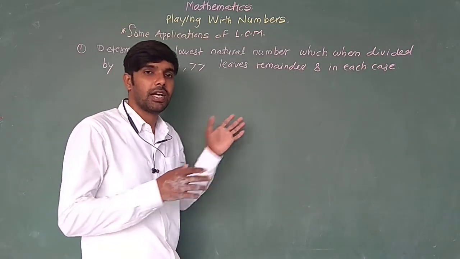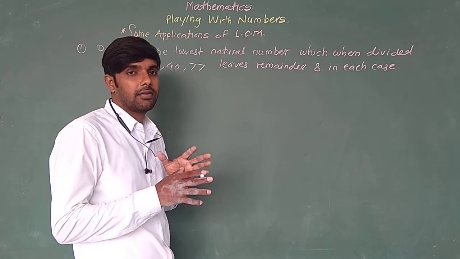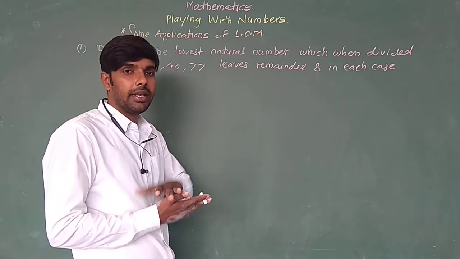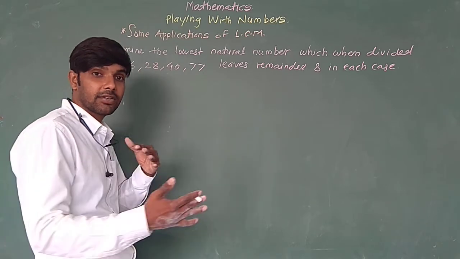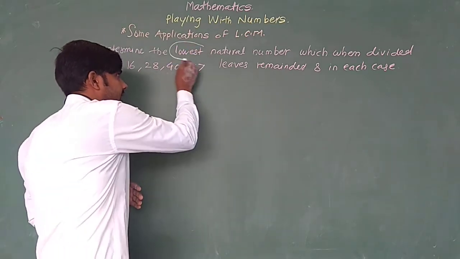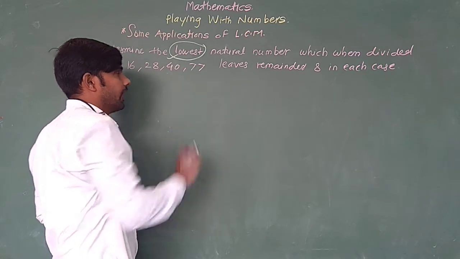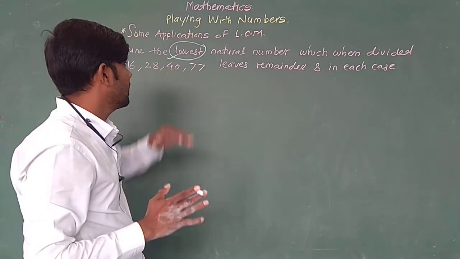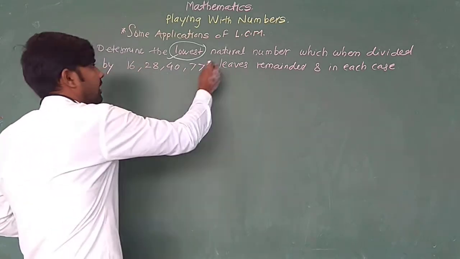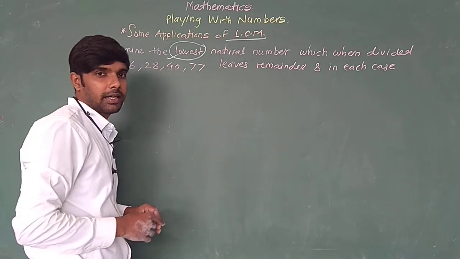The same question we have learned in case of HCF. Determine the highest common, and here lowest. That means when you find the lowest or the least, or whatever is similar to the lowest, then you have to find the LCM of given numbers.